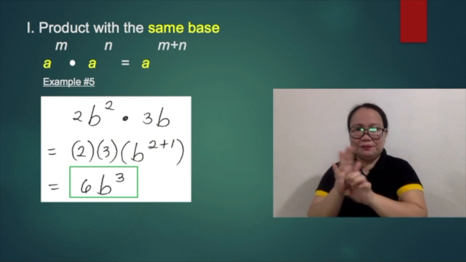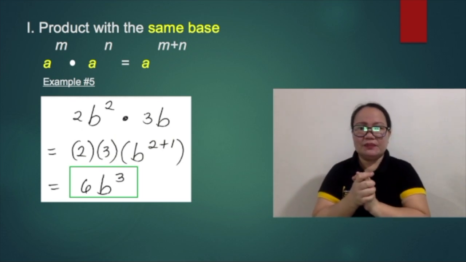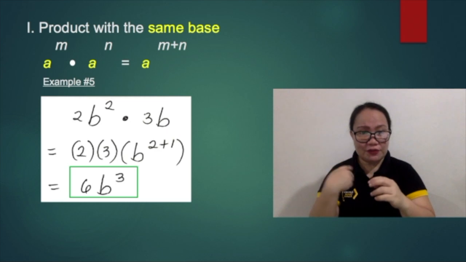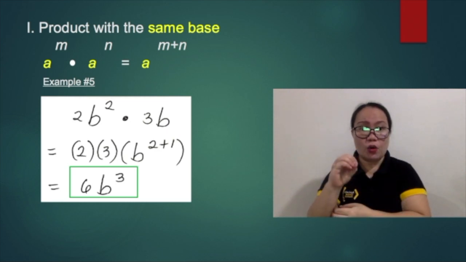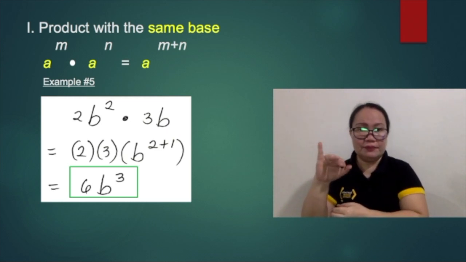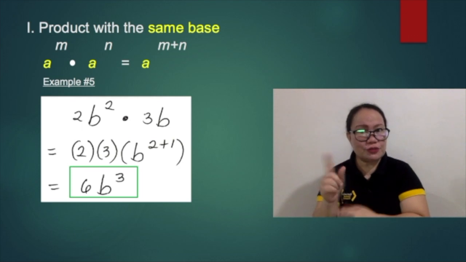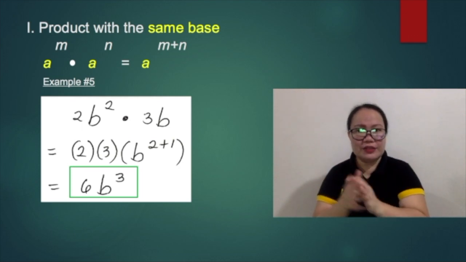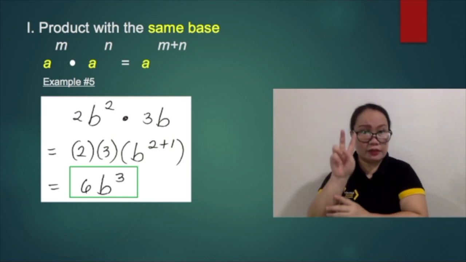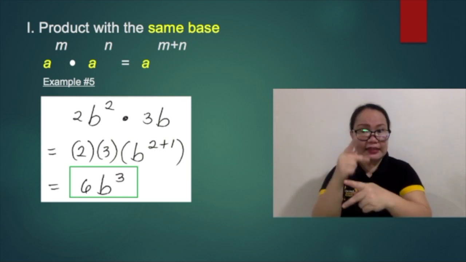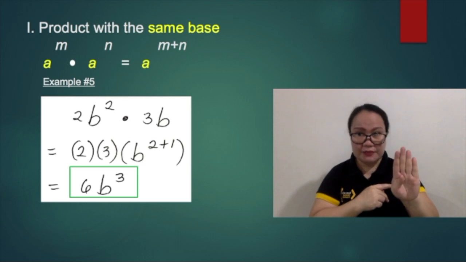Another example. When you already have a numerical coefficient, what are you going to do? So in this example, number 5, 2b squared times 3b.